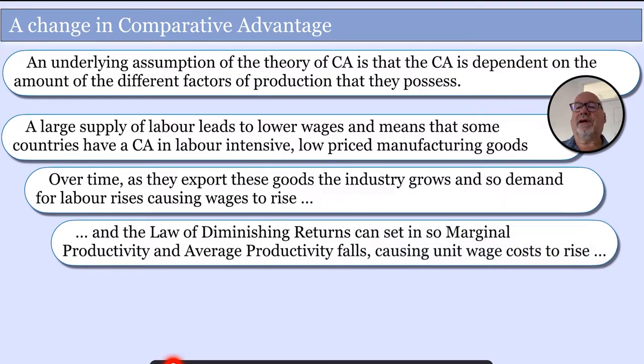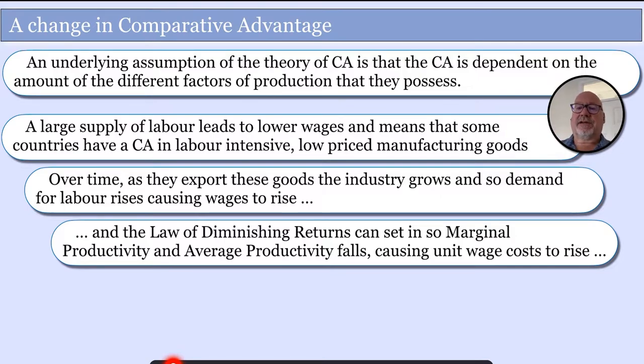But over time, what happens, and this is the change in the comparative advantage, as you export those goods, obviously your industry starts to grow, the demand for labour, which is a derived demand, remember, starts to grow, and therefore wages start to increase for your workers. So countries that start off with an advantage of having low wages start to lose that advantage over time.